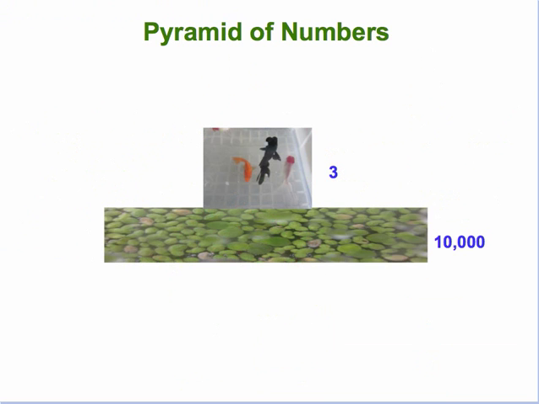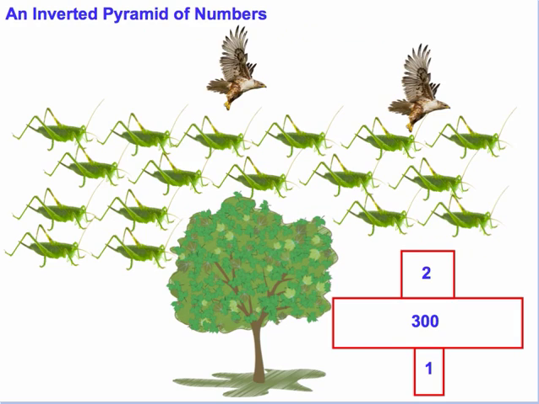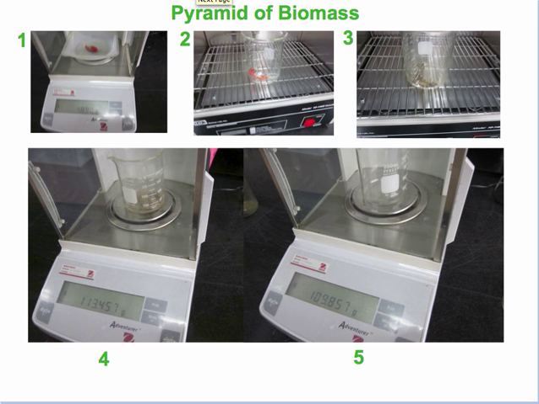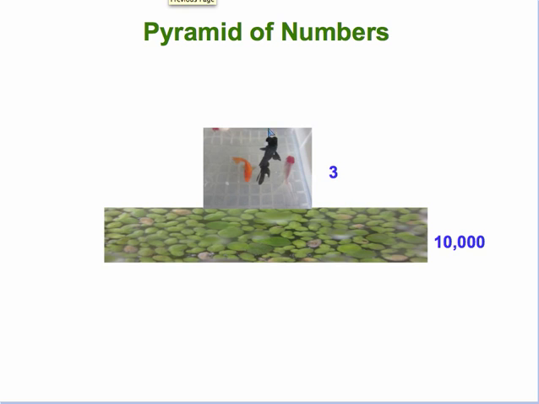And then we can have another kind of pyramid, one where we get the biomass of our organisms. So suppose we were to take our goldfish out of here and find their biomass, assuming that a couple of the fish died naturally, we could take them and put them into a drying oven here and let them dry out, and then find the dry biomass of one fish, and then we can use that to estimate how many fish.